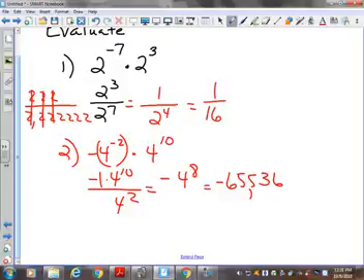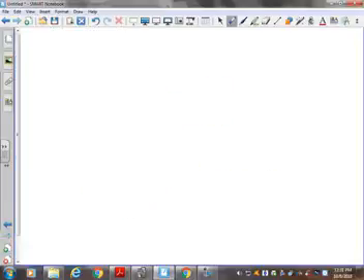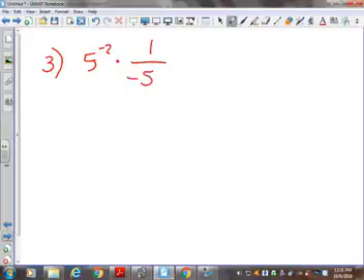All right, let's look at another rule. So I have a multiplication problem here where I have an exponential and a fraction with an exponential in it.